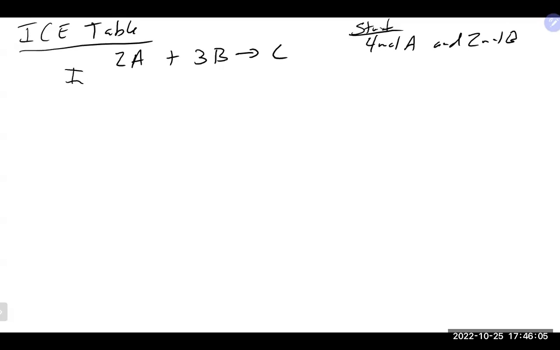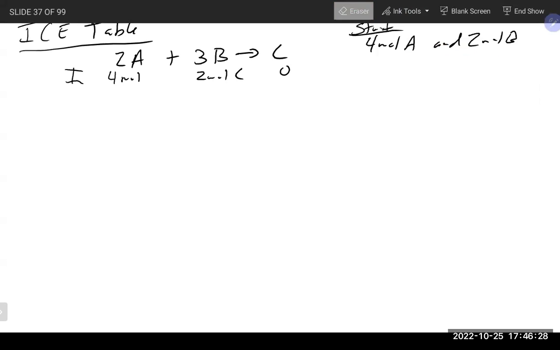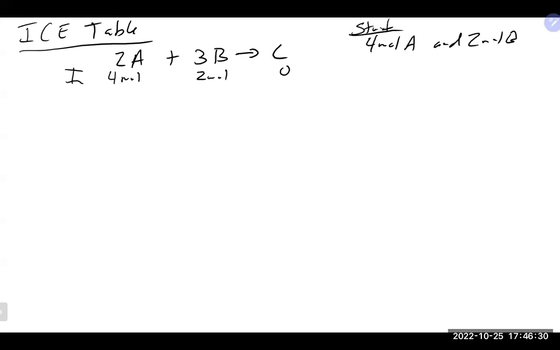We balance the equation, we convert everybody to moles, and then we take the moles and put them into our ice table. Under the initial line would be what we're starting with. So in this example, we would have 4 moles of A, 2 moles of B, and 0 moles of C.